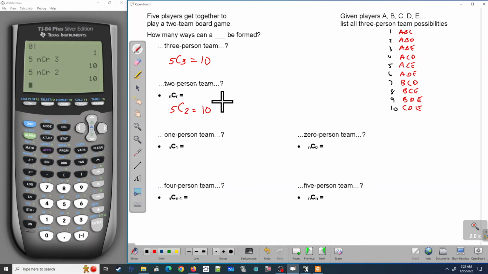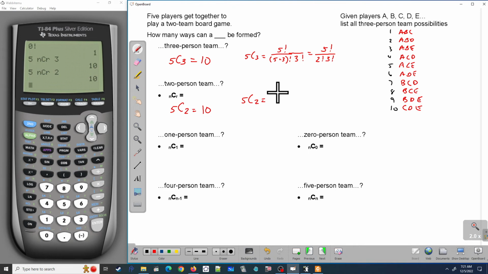The reason is again, let's look at the formula of what does it mean to be 5C3. 5C3 means it's going to be 5 factorial over (5 minus 3) factorial, but then I divide by 3 factorial, which is the same as 5 factorial over 2 factorial times 3 factorial, with the 2 factorial and 3 factorial in the denominator.